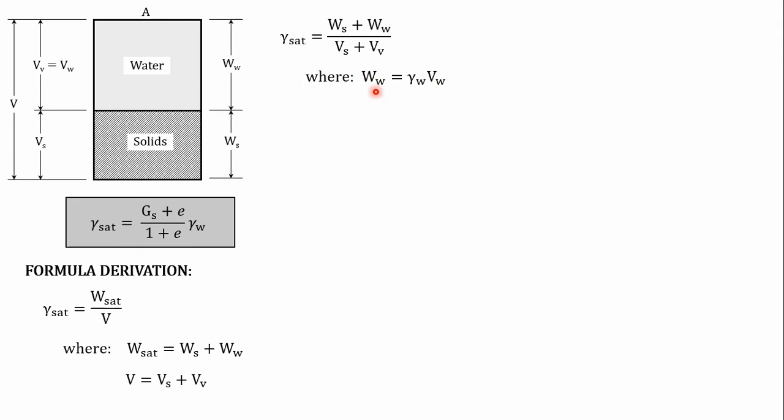So, substitute natin. Take note, since soil is saturated, volume of water is equal to the volume of voids. Ginamit na siya. And then in this formula, we come up to weight ng water is equal to unit weight ng water times volume of voids.